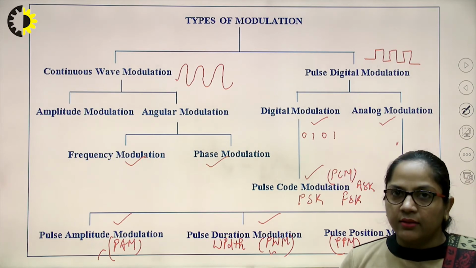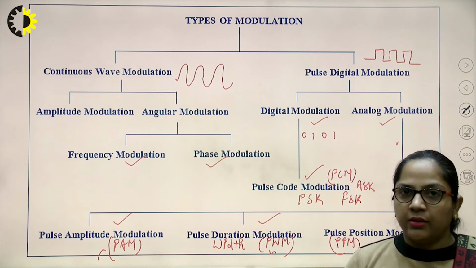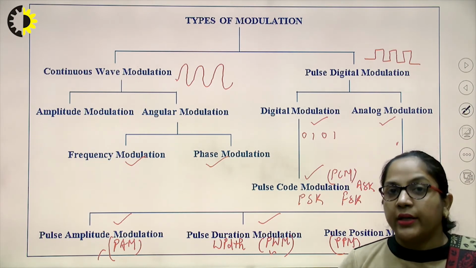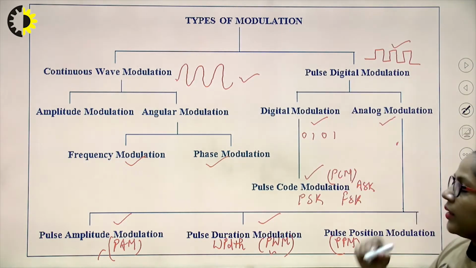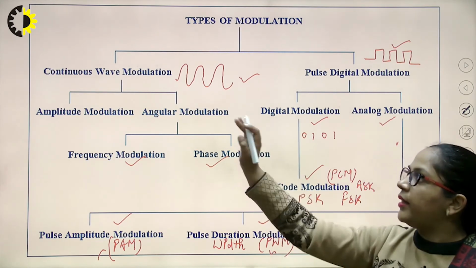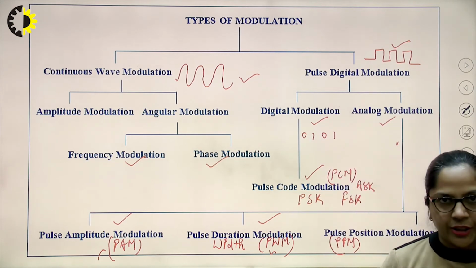After that, depending on whether the carrier that we are using to carry that information is in the form of a continuous wave or a pulse signal, we can further categorize the type of modulation as continuous wave modulation or pulse wave modulation.